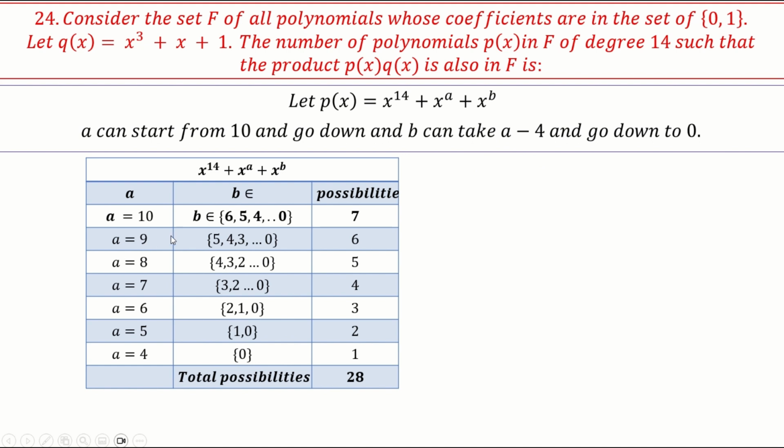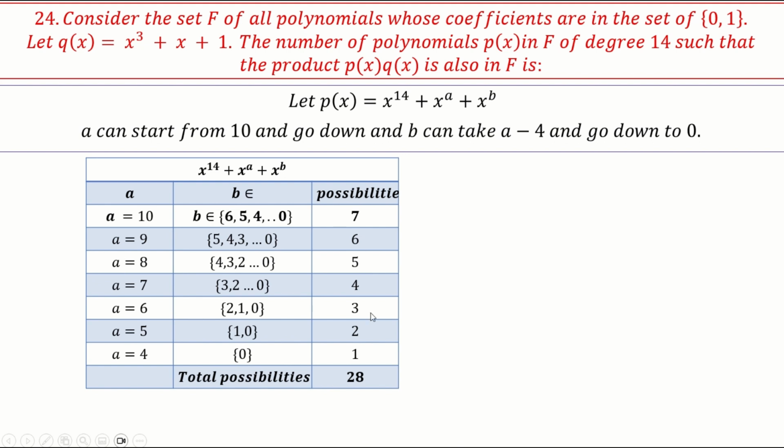So let's form a table for P of x equal to x power 14 plus x power A plus x power B form. A can be 10, then B can be any of these values 6, 5, 4, 3, 2, 1, 0. 7 possibilities are there. Okay. If A equal to 10, B can be any of these 7. If A is 9, B will start from 5, because minus 4, right? 5, 4, 3, 2, 1, 0, 6 possibilities.